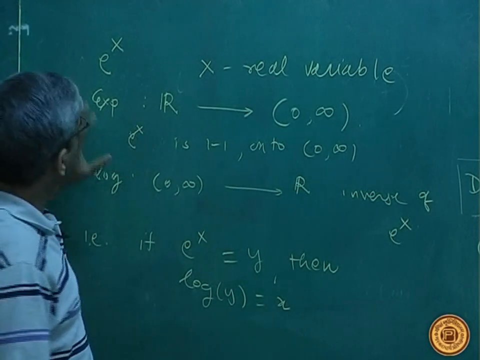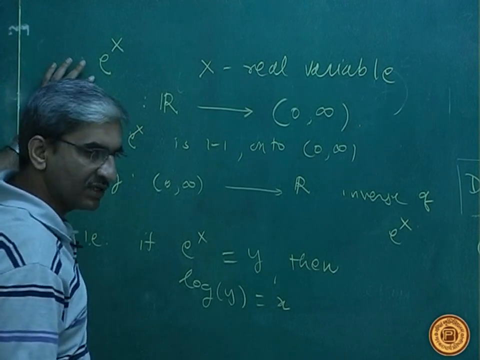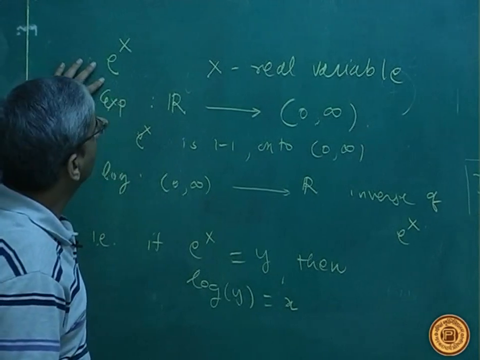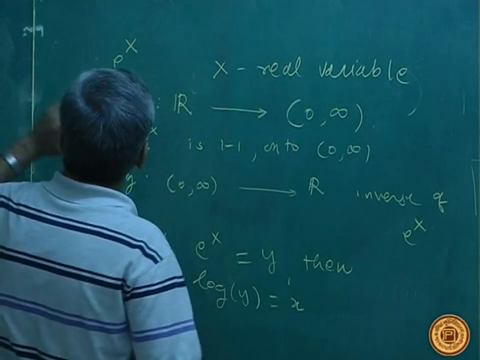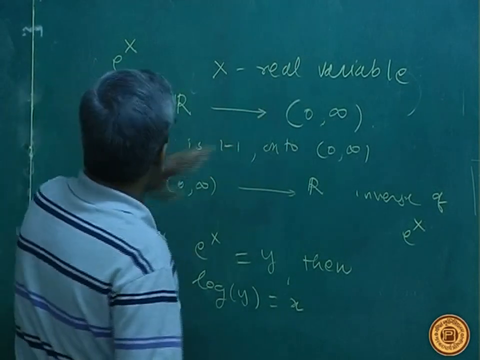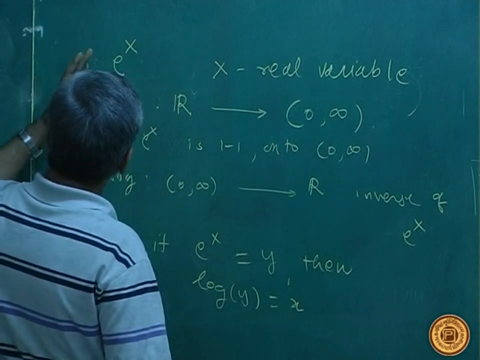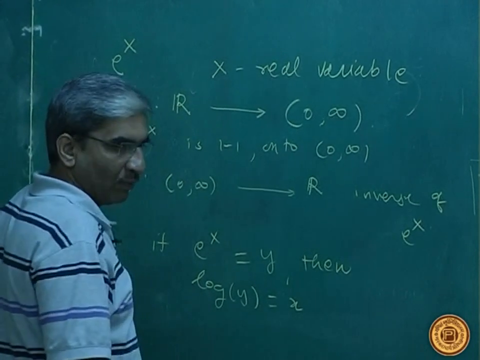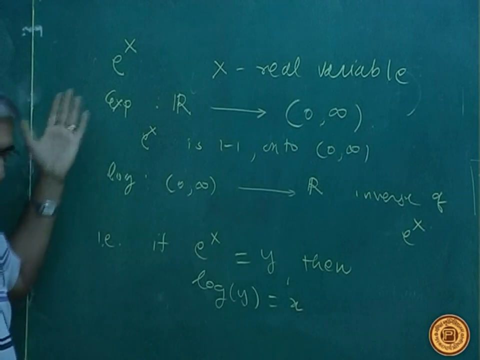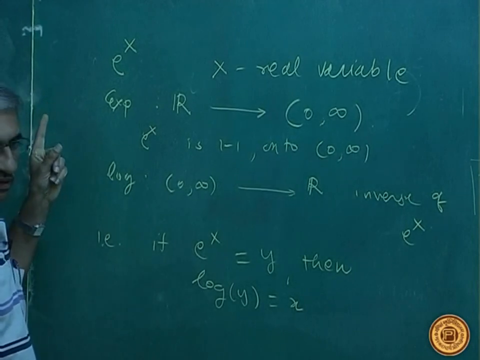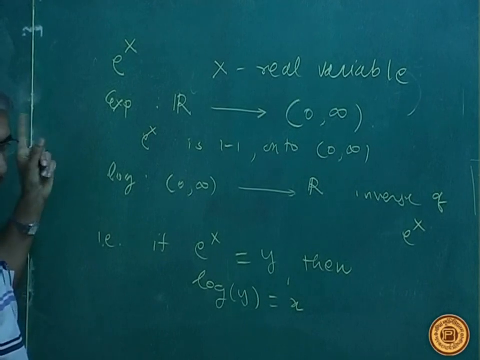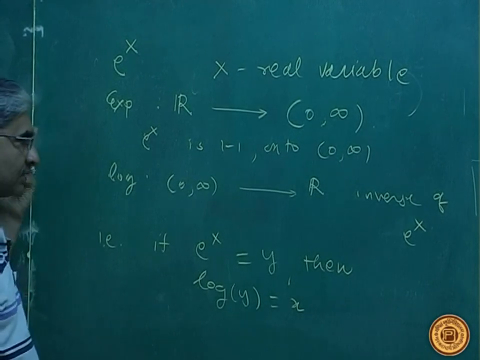Or first of all, I need to define the exponential function independently and show that it is 1-1 and onto from R to (0, infinity), and therefore it has an inverse, and the inverse is called log. So one of these two can be defined in terms of the other, but one of these two has to be defined independently.